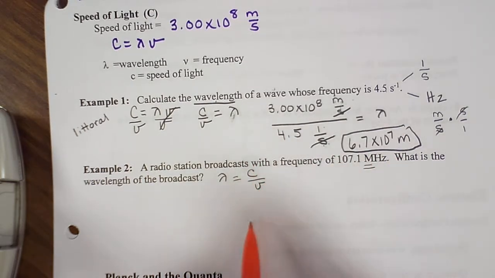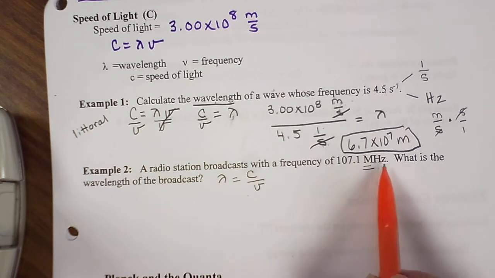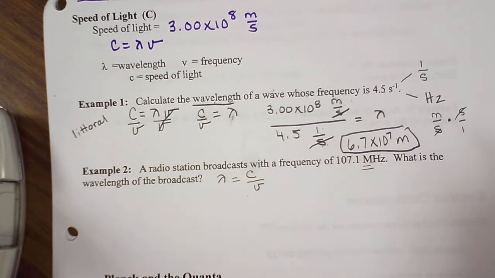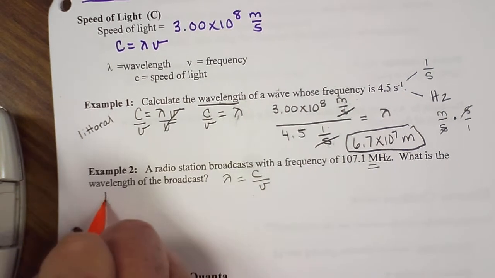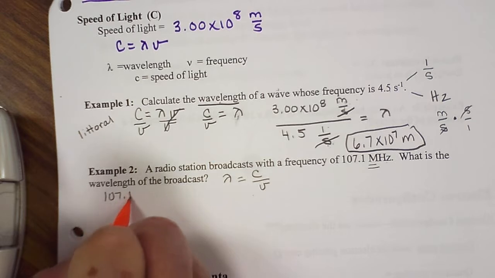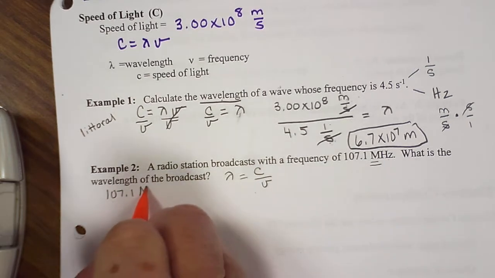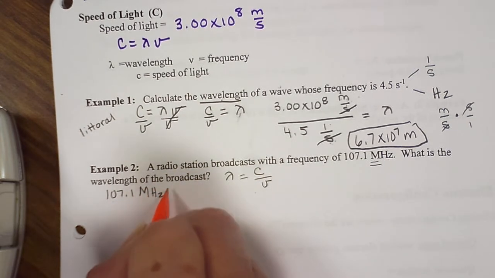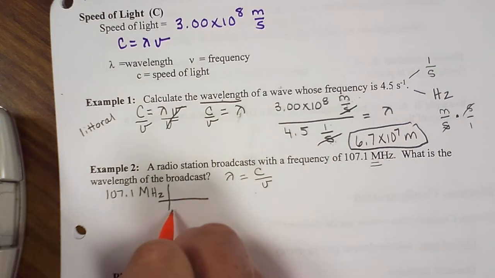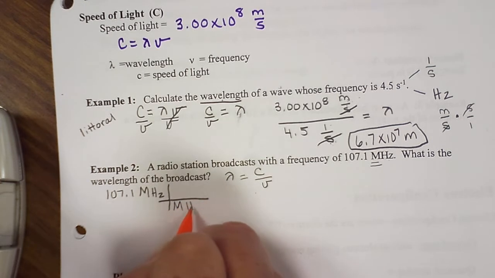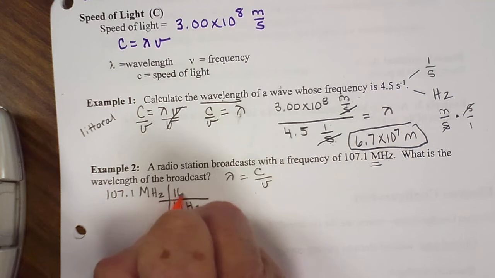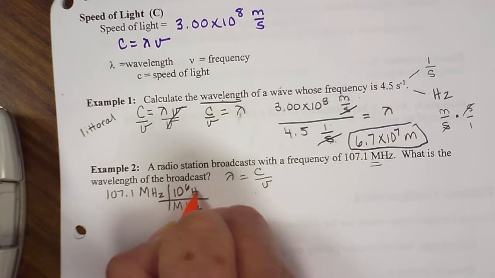This is megahertz, and I need hertz, so I've got to convert that. I have 107.1 megahertz, and I need to convert that to hertz. Megahertz goes on the bottom, and 10 to the 6th hertz goes on top.